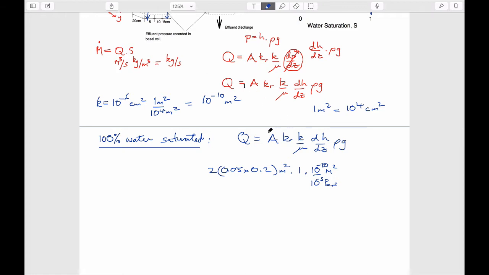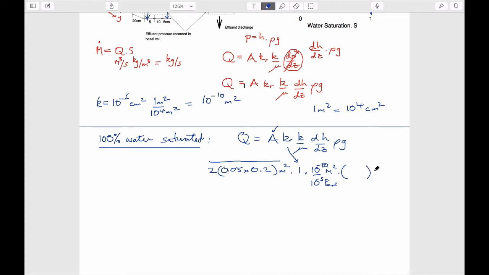So far we have this, which is here. We have this, which is here. We have the ratio of these two. I think that's right. And so there's the tricky part, which is dH/dz.